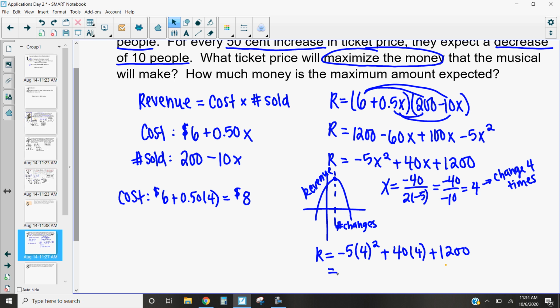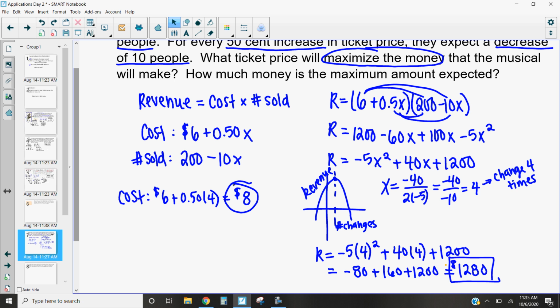Well, that is going to be, we've got 16 times negative 5, which is a negative 80, plus 160 plus 1200. And so what our revenue ends up being is we end up getting a revenue of $1,280. So that's the maximum amount of money that we'll make. So we make $1,280 when we charge $8 a ticket.